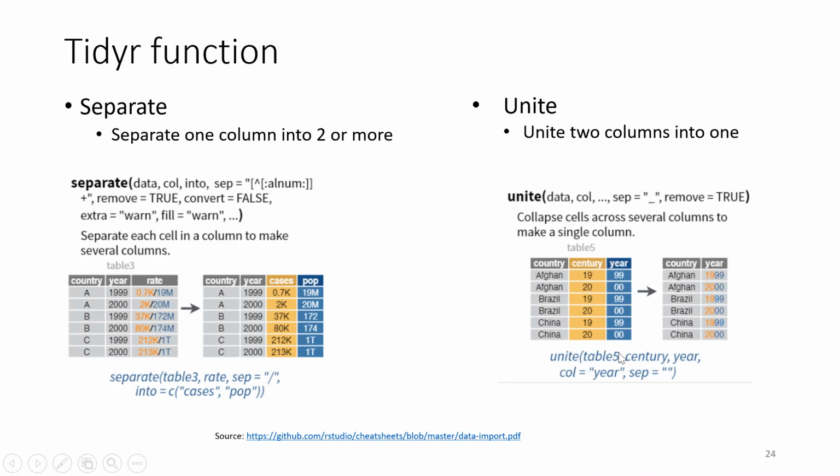So unite the data, the columns to be united, century and year, and then what you want to call the new column that you're transforming it into, that's year. And then if there's going to be any separator, if there's nothing separating them, you can just leave it blank. So that's how we use these tidyr functions to wrangle datasets.